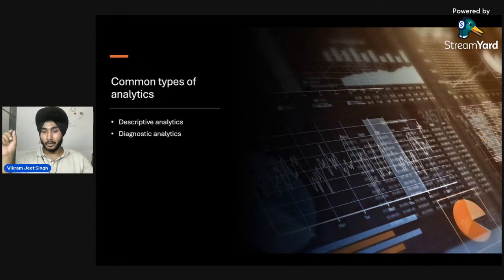If it is happening on this product, then why is it happening? And in which specific region is it happening? So deep diving into the data, basically drilling down, and identifying the anomalies and correlations, so that we can build up the answer for why something is happening. So this is what we do in diagnostic analytics.